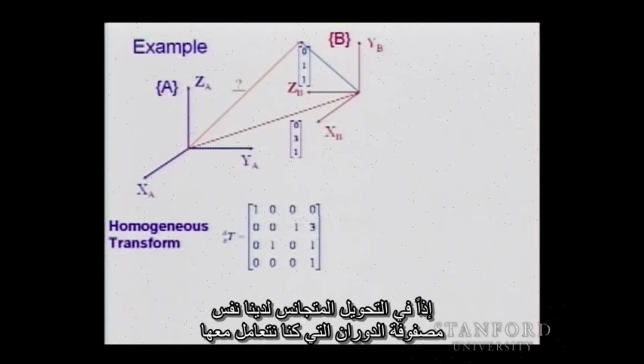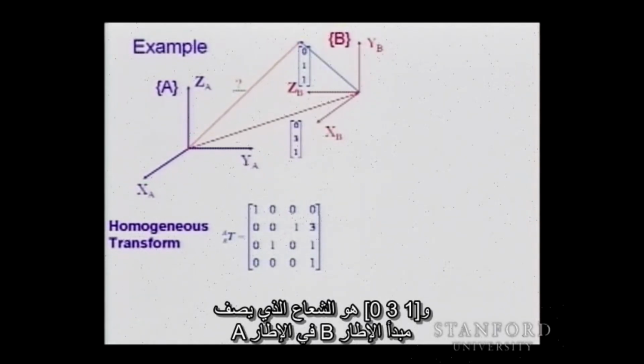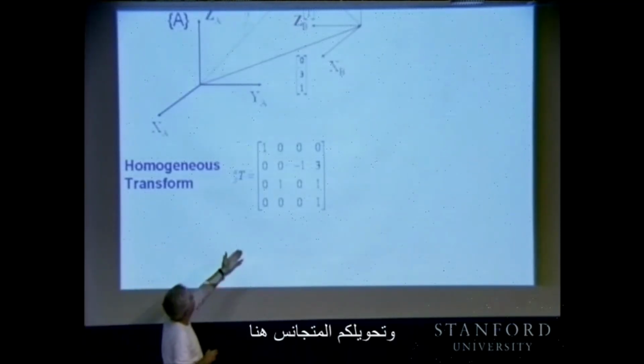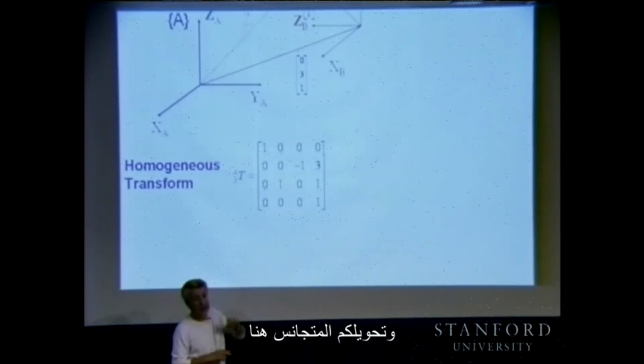So the homogeneous transformation has the same rotation matrix as before, and 0, 3, 1 is the vector describing the origin of frame B in frame A. And your homogeneous transformation is here.